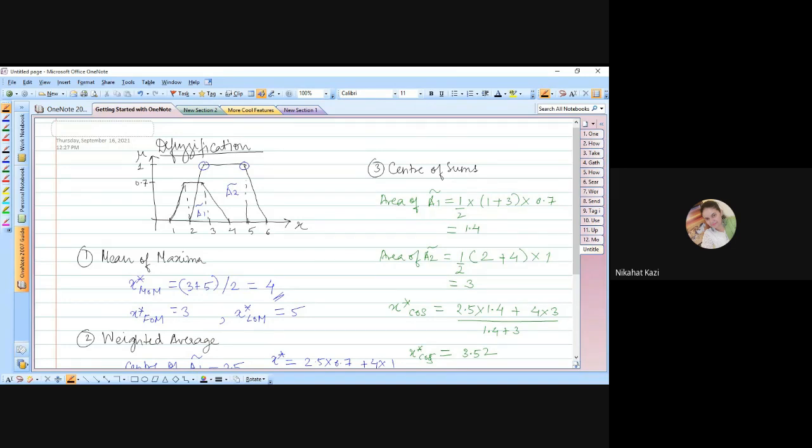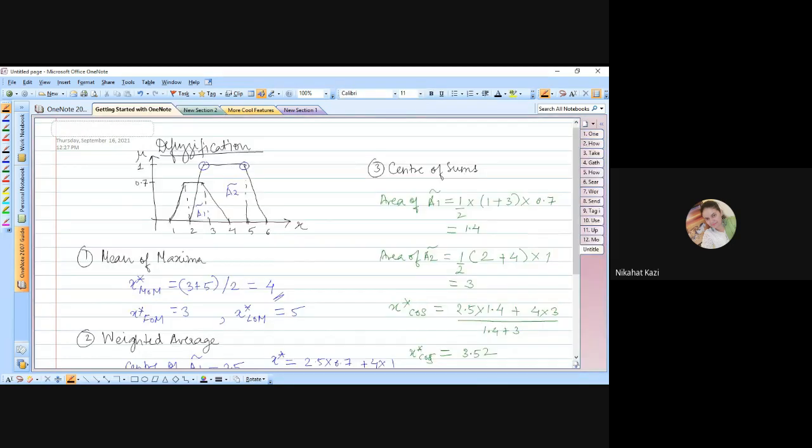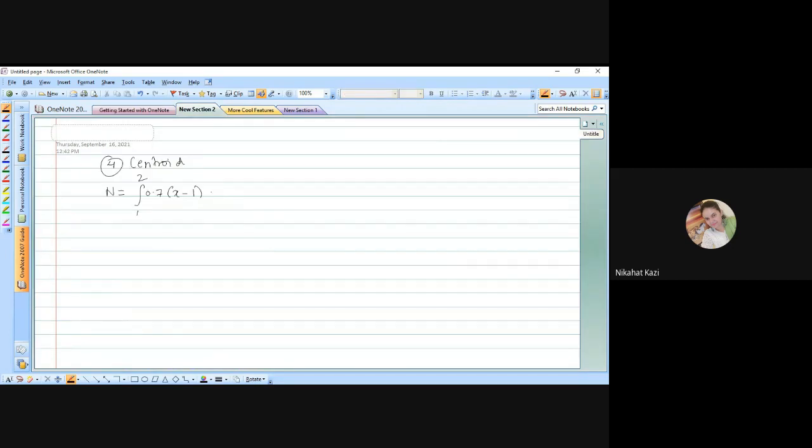What is the equation of this line? 0.7 times x minus 1, right? 0.7 times x minus 1. Yes or no? It's a straight line. Multiplied by x. This is the numerator, so you have to multiply it by x.